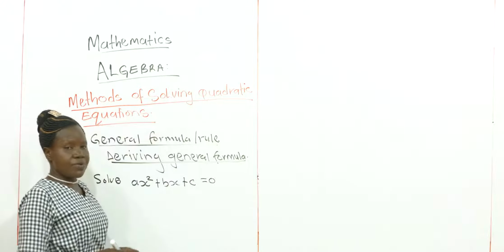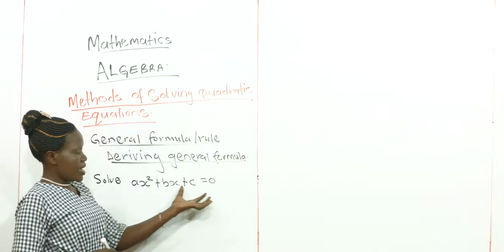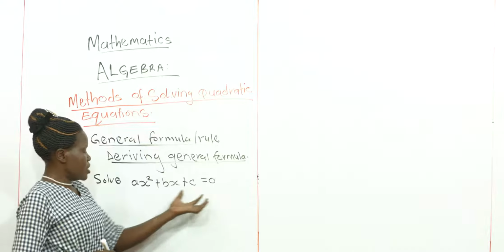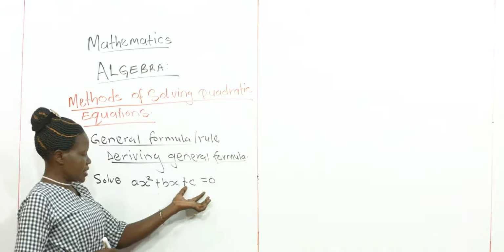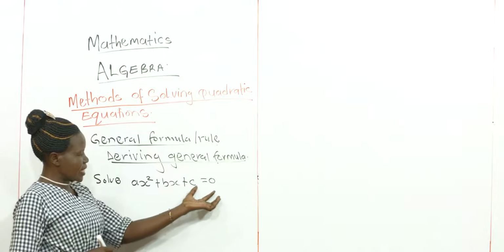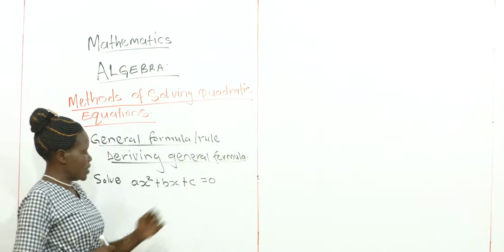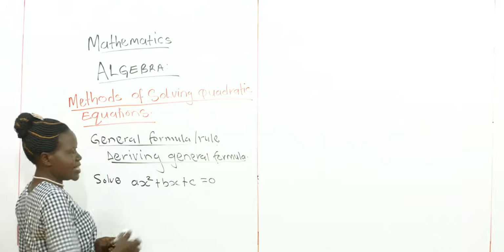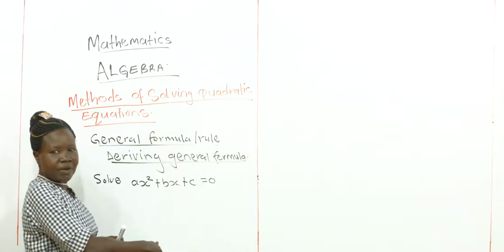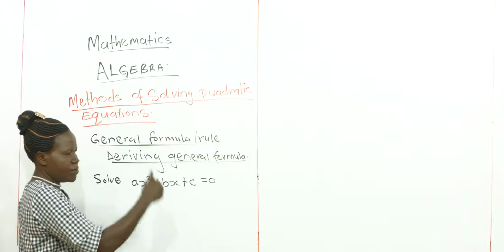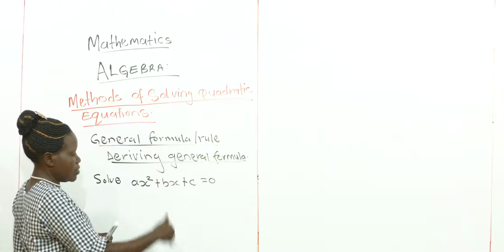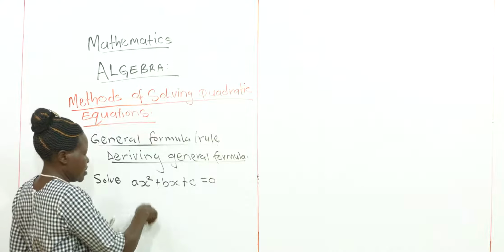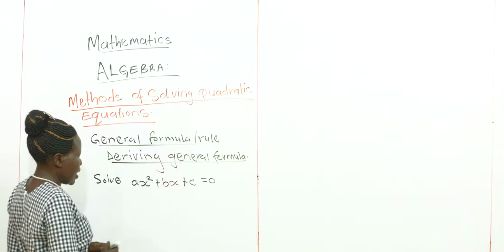Learners, this is where you derive your general method. If you are given this as a quadratic statement and you are to derive the formula, then you apply the previous methods that we have looked at, so that you can arrive at the final answer.